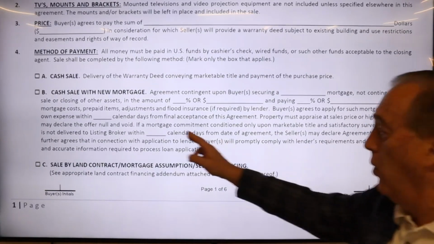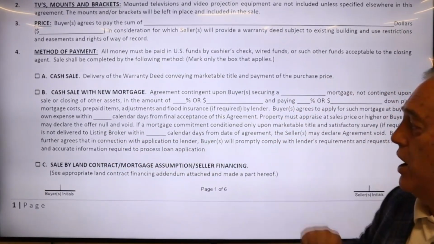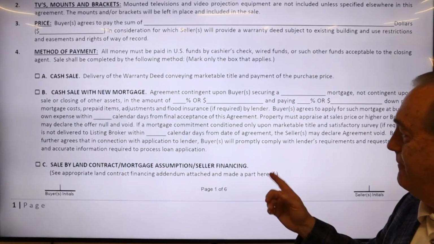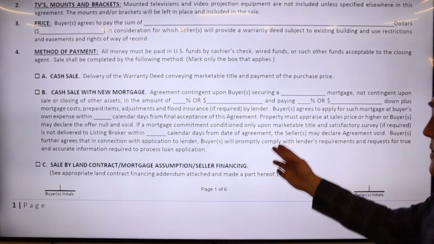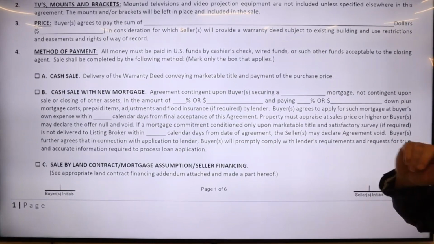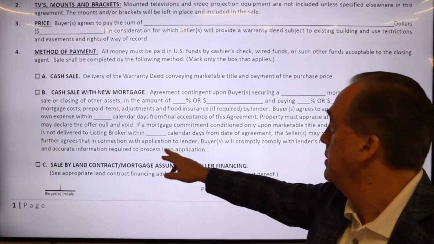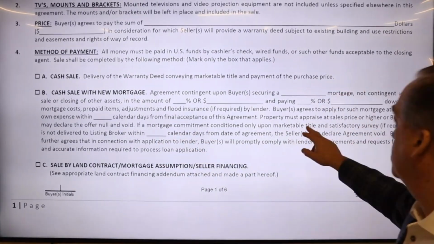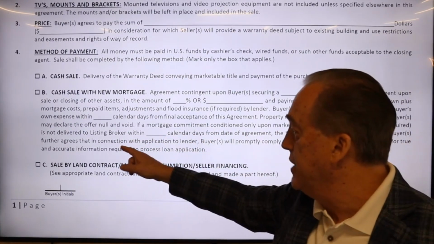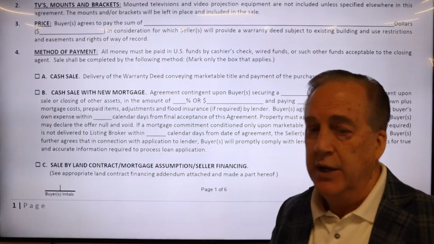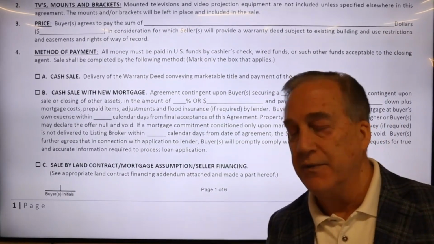At that point, the buyer may declare the offer null and void if a mortgage commitment, conditioned upon marketable title and satisfactory survey, if it's required, is not delivered to the listing broker within a set number of days. So guys, let me give you a few numbers.